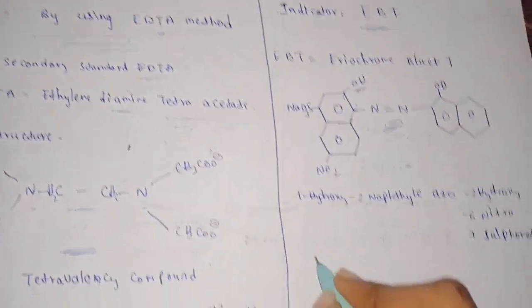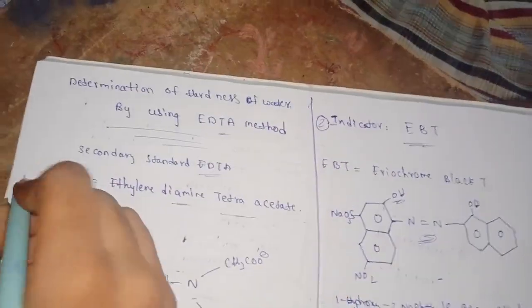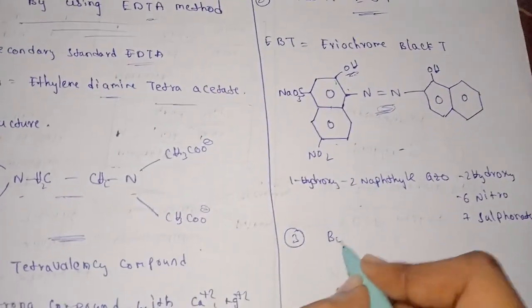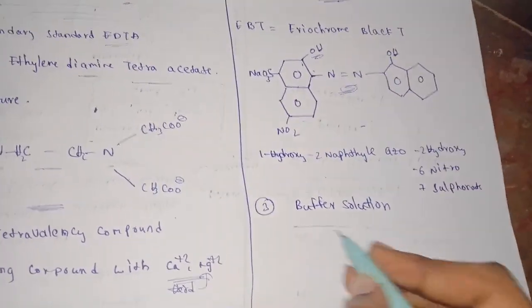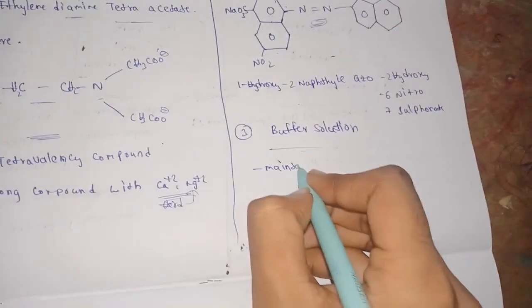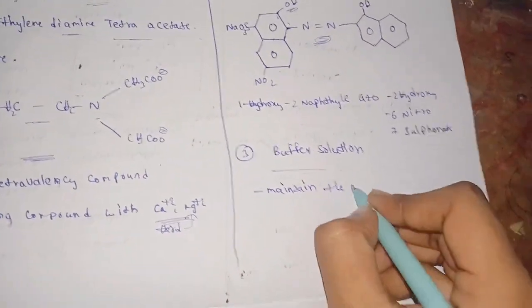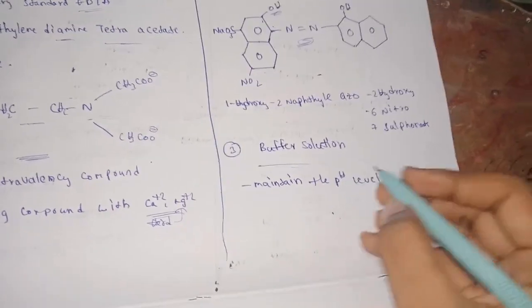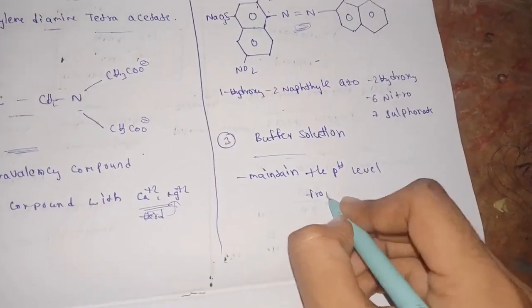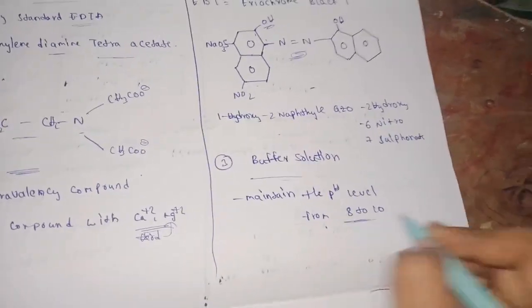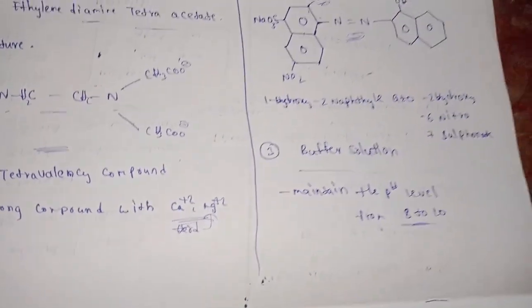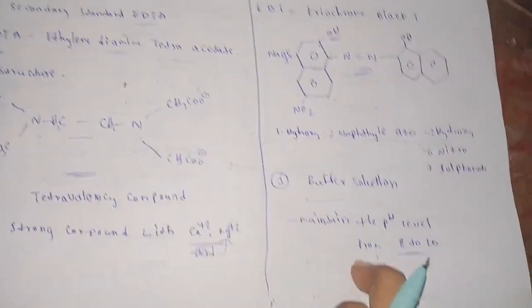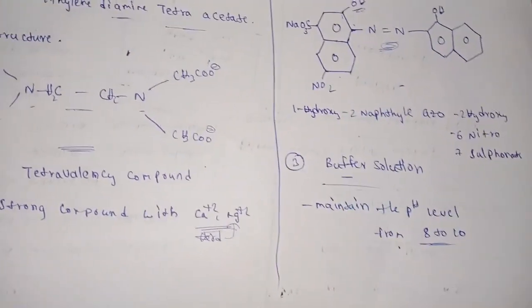Next we will also use a buffer solution. Why do we use the buffer solution? To maintain the pH level from 8 to 10. For this EDTA method we have to maintain the pH level from 8 to 10, and for this we use the buffer solution.